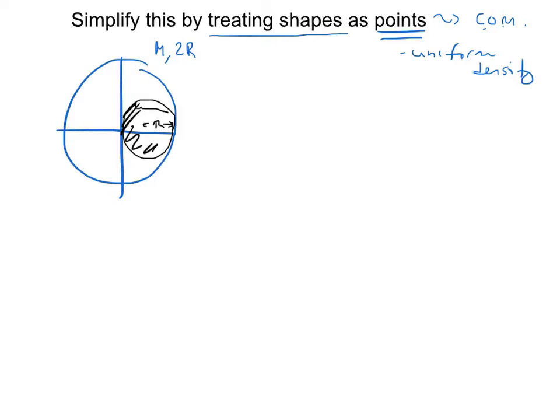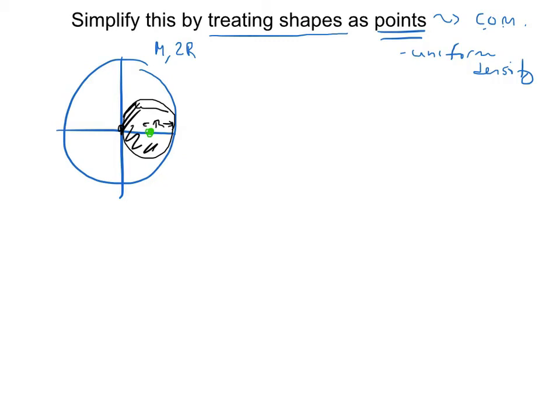Well, we know that the original center of mass would have been right here at the middle. And the center of mass of the circle that I'm removing is going to be right at this distance, r, from the old center. So that's the center of mass of the object I removed.